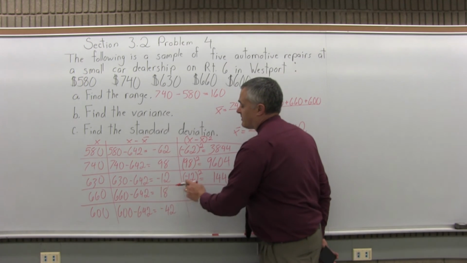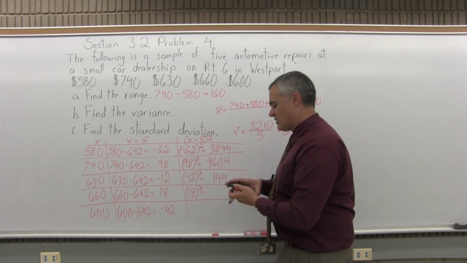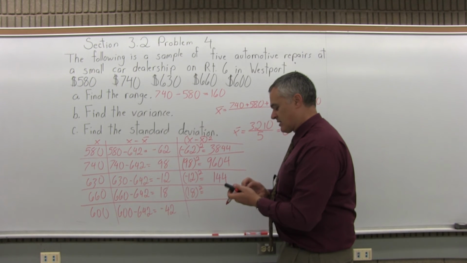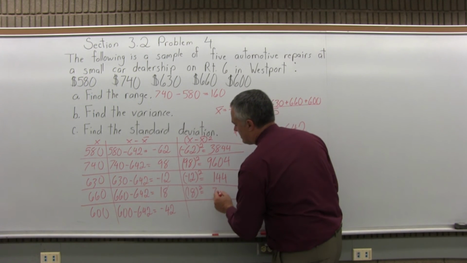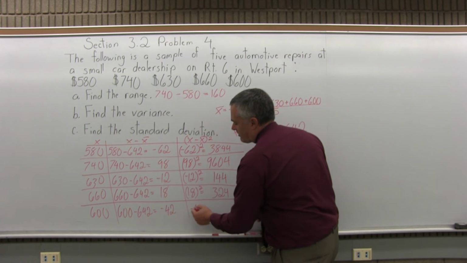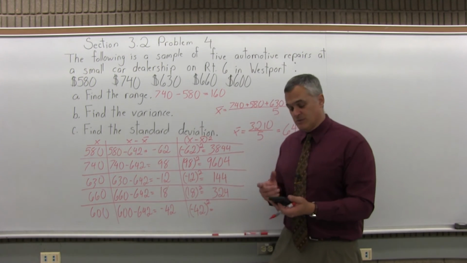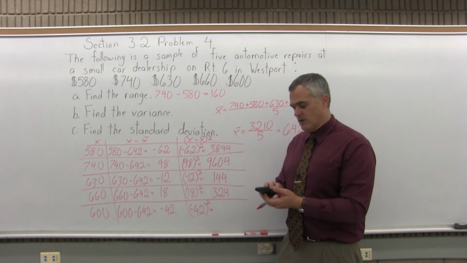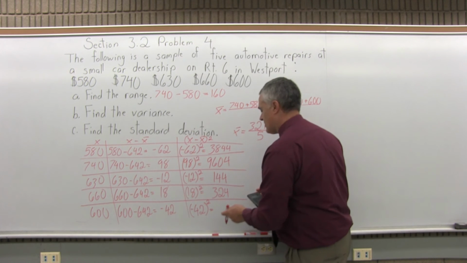The next row, x minus x bar, is 18, so I'll do 18 second power. 18 times 18, I think, is 324, but that's one I should check. It is. And finally, the bottom row, x minus x bar, came out to negative 42. So I'll do negative 42 second power, which means negative 42 times negative 42. And that comes out to positive 1,764.